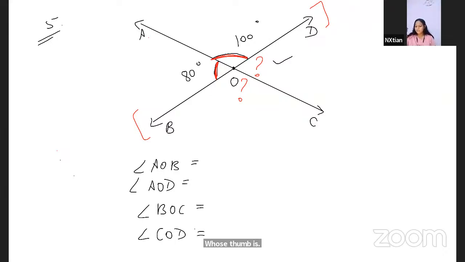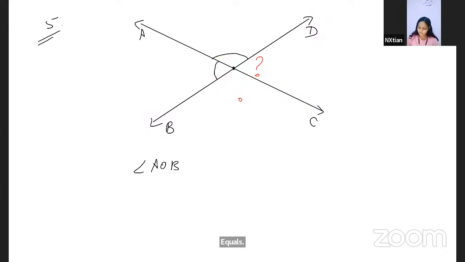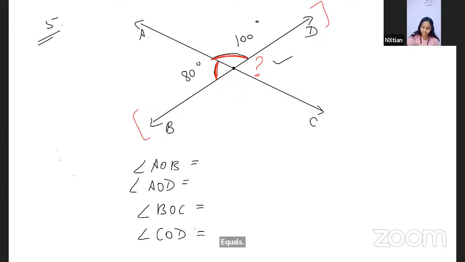Now similarly, we have vertically opposite angles, in which opposite angles are equal. So look here. What is the opposite of AOB?